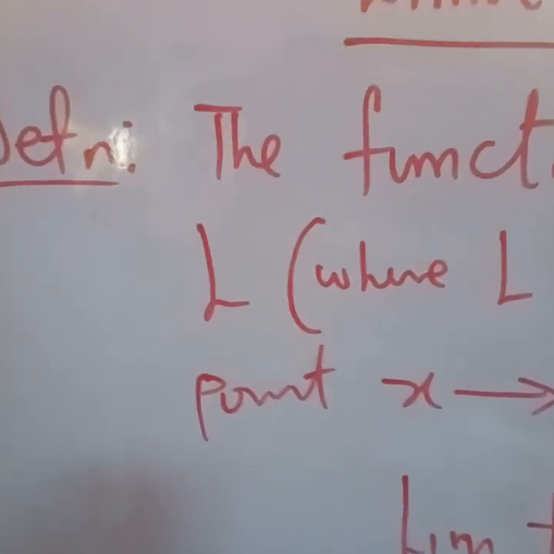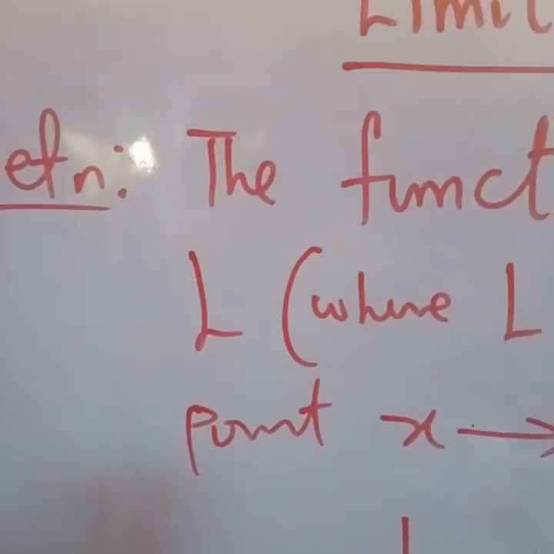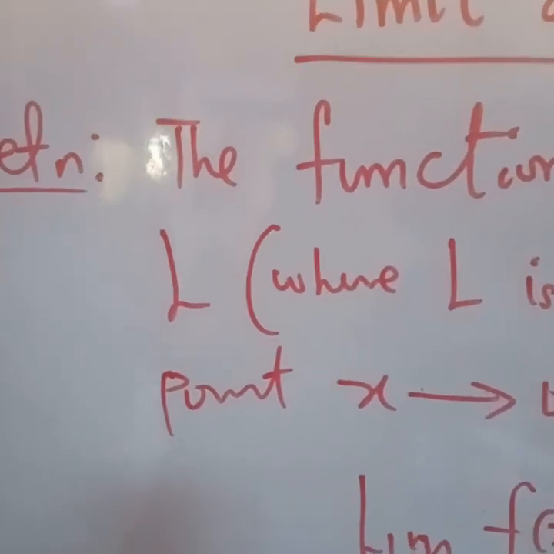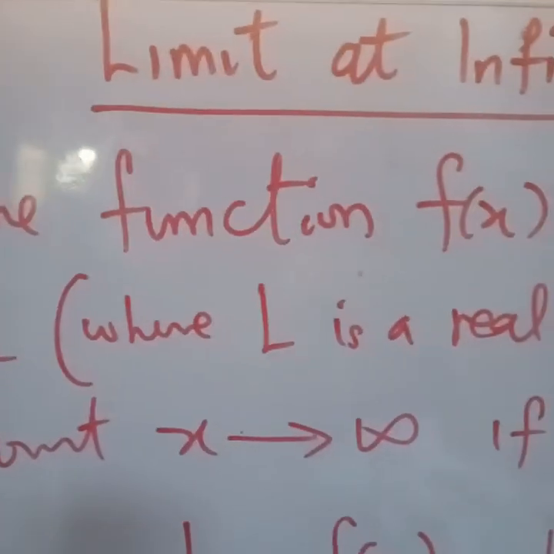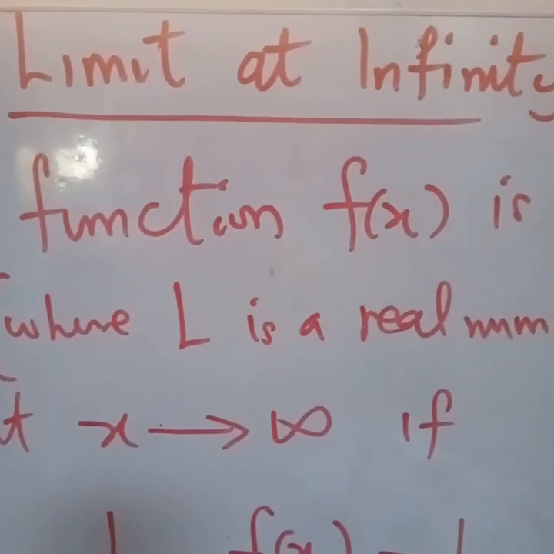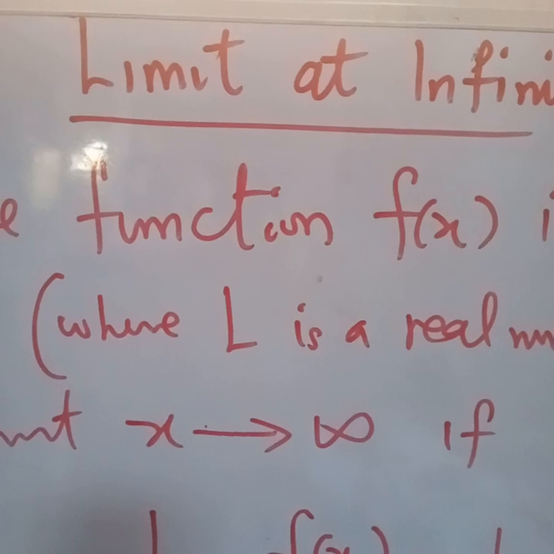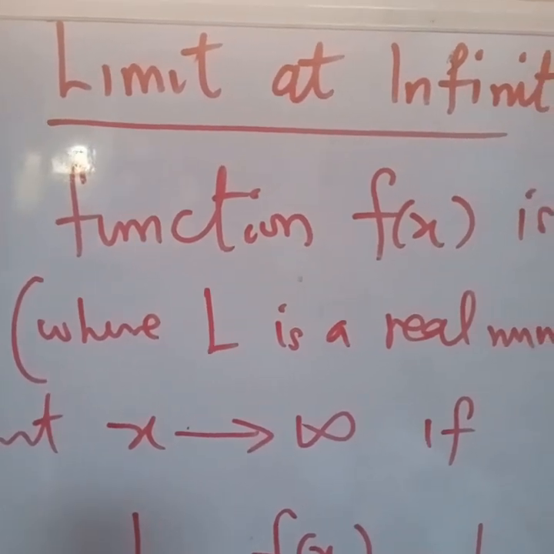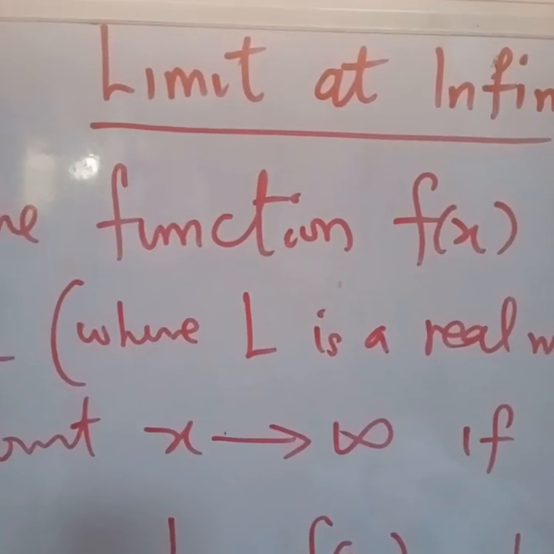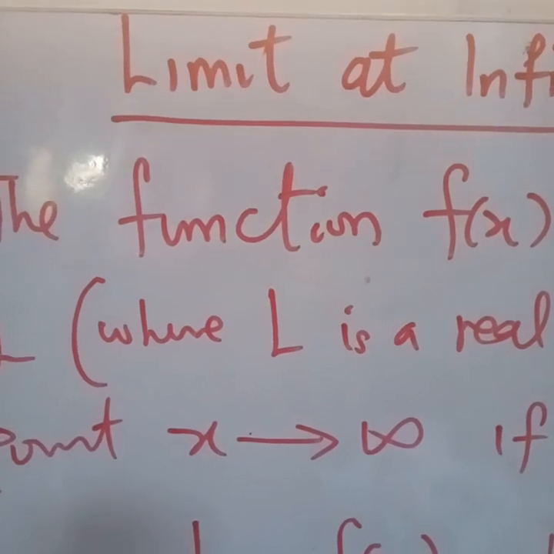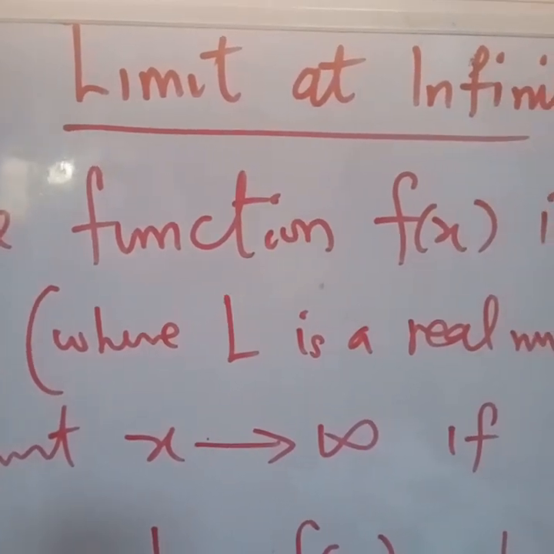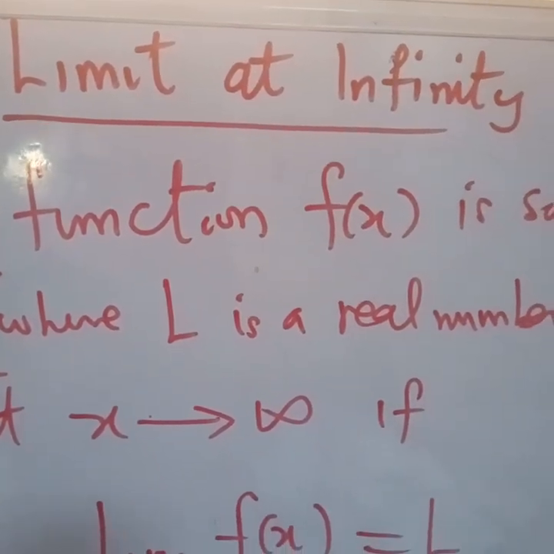As discussed in our last video, this limit at infinity also has some properties in addition to the limit at a finite value of x. You will recall that we discussed 10 limit properties under the limit at a finite value of x.